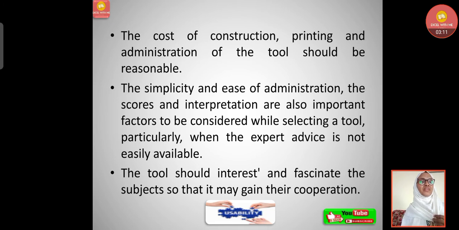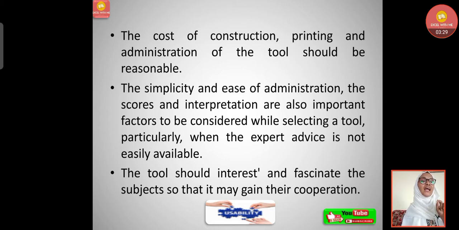Then the cost of construction, printing and administration of the tool should be reasonable. If it is out of budget, there is no meaning in it. So it should be effective. Also the cost of construction and printing and administration all should be reasonable.